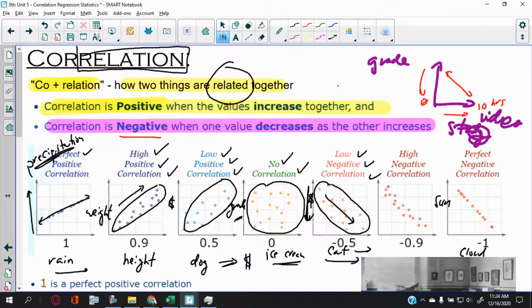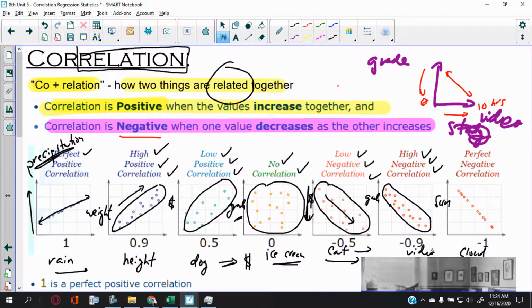Now this next one, high negative correlation. Let's go back to the studying one. Video games: the more video games you play, the lower your grade. It's a fairly high negative correlation, so you can predict this pretty well.